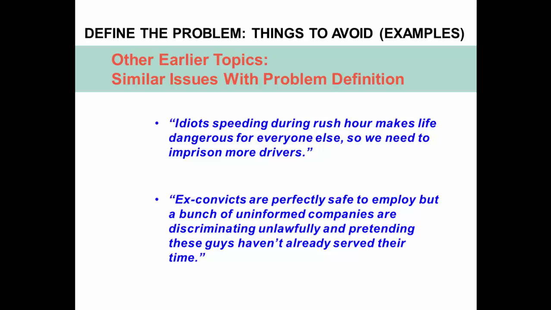Well, there are strong value statements by calling a formerly incarcerated person an ex-convict, which may be a source of terminology that itself has discriminatory value for some listeners. It compares a world where rehabilitation has been achieved with a world where it hasn't, and that may be useful in looking at employment opportunities. It may not be. And to identify these companies as being uninformed and discriminating unlawfully begs the question of how many such companies there are and what the exact state of legal enforcement may be.